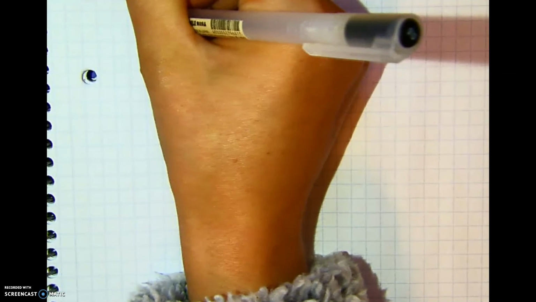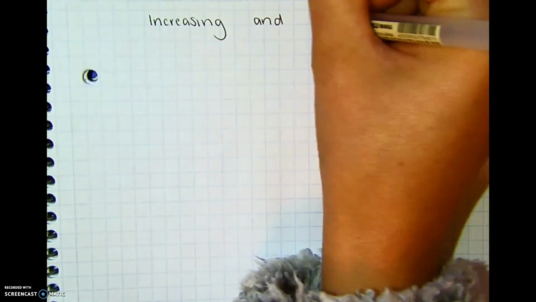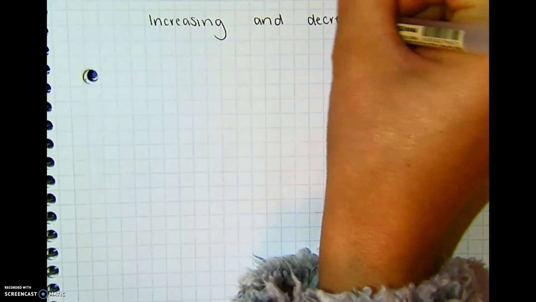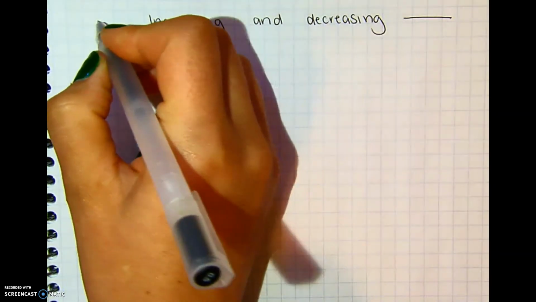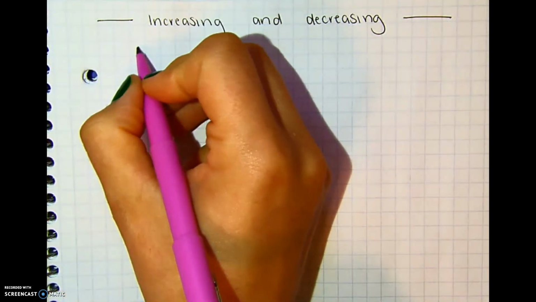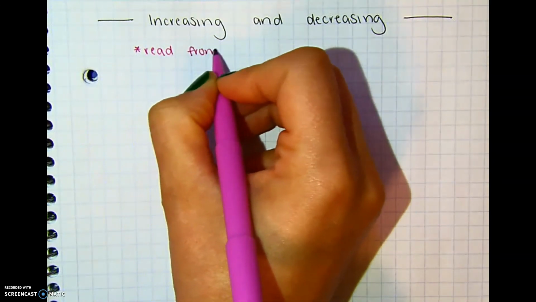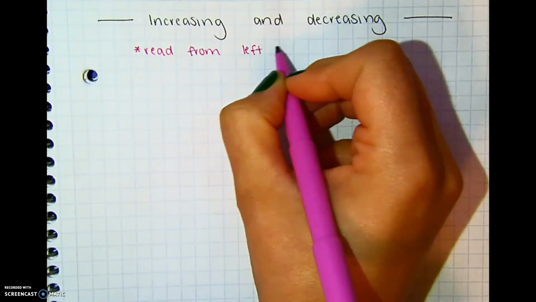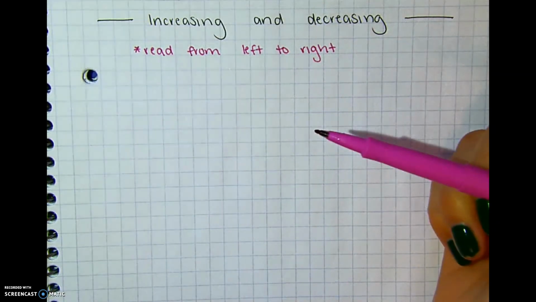Okay, now I want to talk about increasing and decreasing. So for increasing and decreasing, once again, we're reading from left to right. And then you guys should be familiar with increasing and decreasing, right?